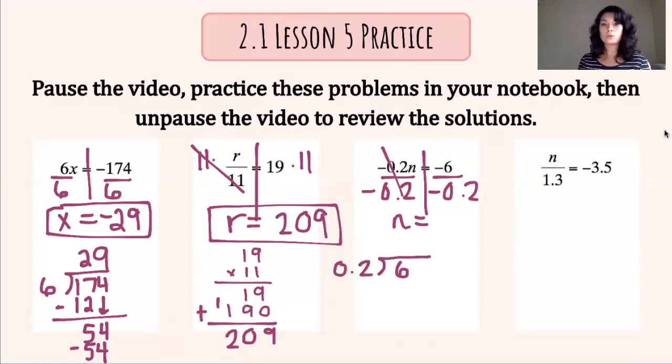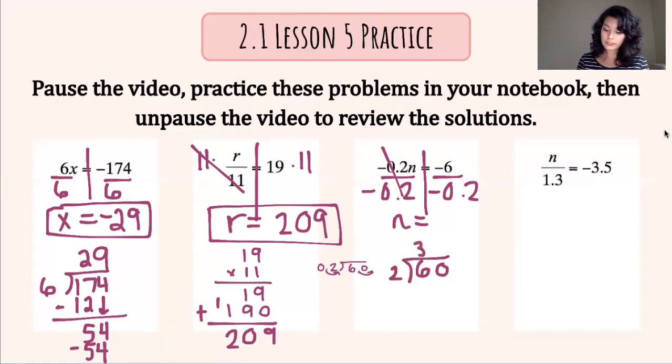So 0.2 is my divisor. I'm going to move the decimal point in that divisor to the right until it's a whole number. I have to add a decimal point to the 6 so that I can follow the leader. So this ends up turning into 60 divided by 2 instead of 6 divided by 0.2.